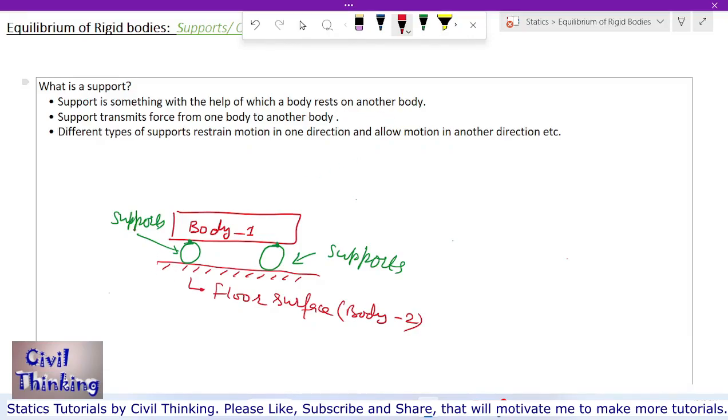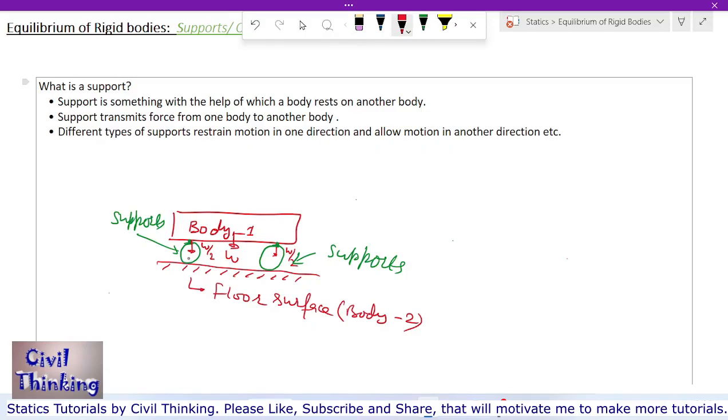Now support transmits force from one body to another body. For example, body 1 has a weight W. Now this W will be supported by these supports. This support will carry W by 2, and this support will carry W by 2.